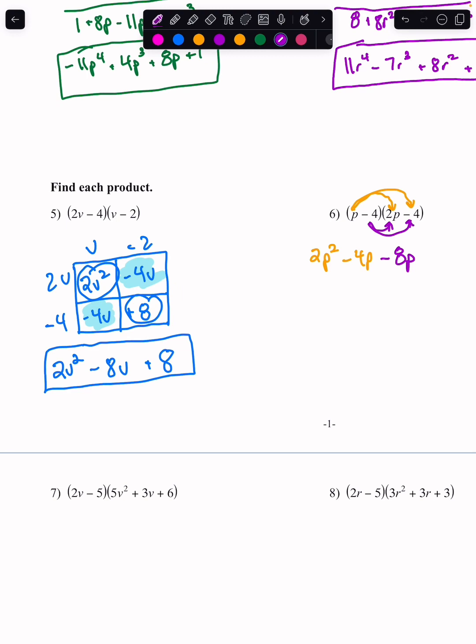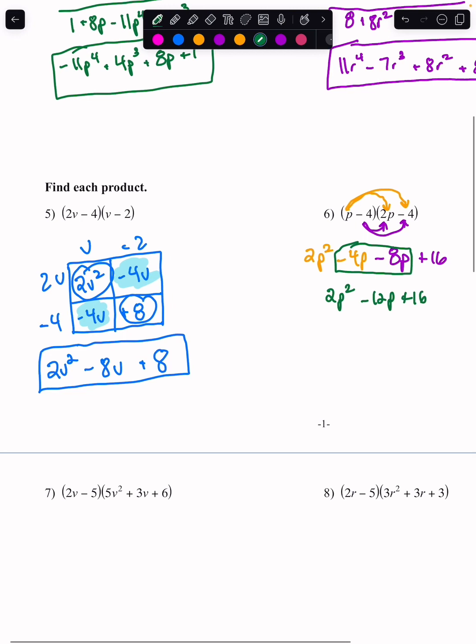Negative 4 times negative 4 is positive 16. Then we combine the terms in the middle and we get our final answer. So we'll have 2p squared. Negative 4p minus 8p is a negative 12p plus 16. And this is your final answer for that one.